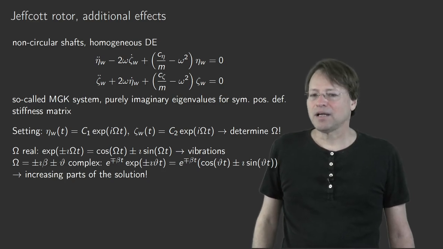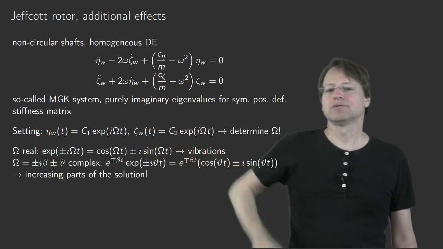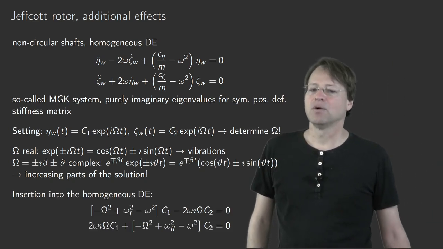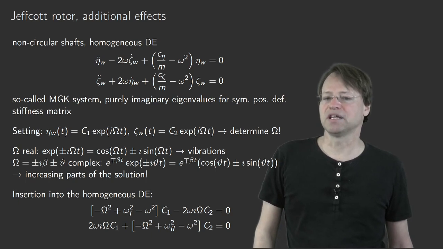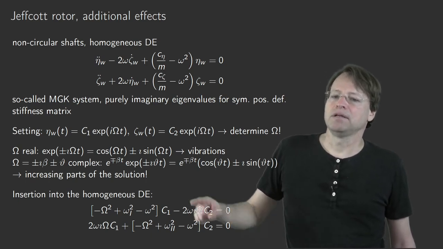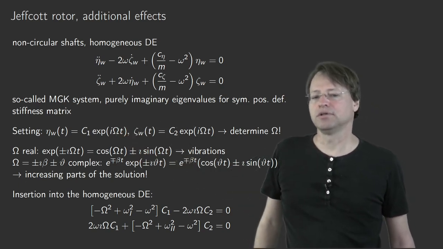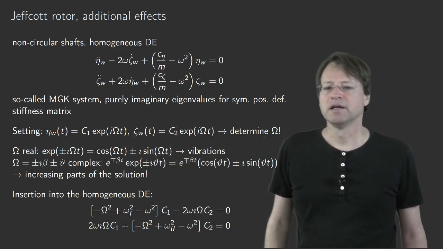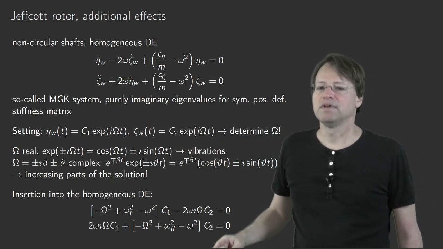So we want to compute omega, so we insert this setting into the homogeneous differential equation. What do we obtain? We obtain something that looks quite similar to what we obtained before. Maybe the manipulations are now a little bit different because we have the imaginary unit explicitly here in that setting. So from the first term, we take the second derivative with respect to eta.